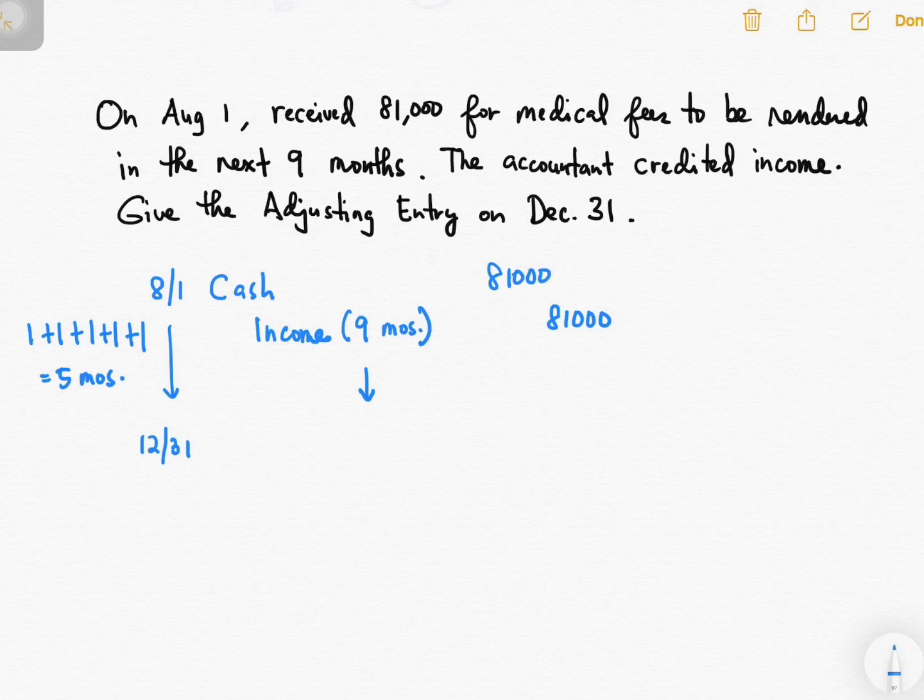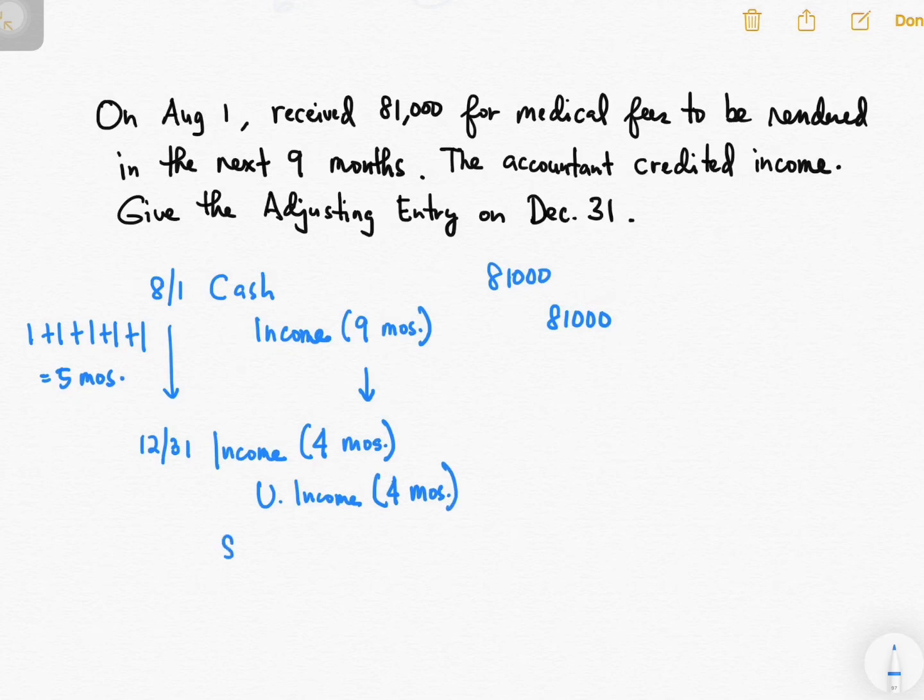This year, your income is actually just for 5 months. But you recorded 9. So you need to reduce it by 4, right? To make it 5. So in your adjusting entry, for sure, you will debit income. By how many months? If the income is actually for 5 months, you need to reduce 9 months by 4 months, right? And after rendering 5 months this year, next year, you still have an obligation for 4 months. So you will credit unearned income also for 4 months.